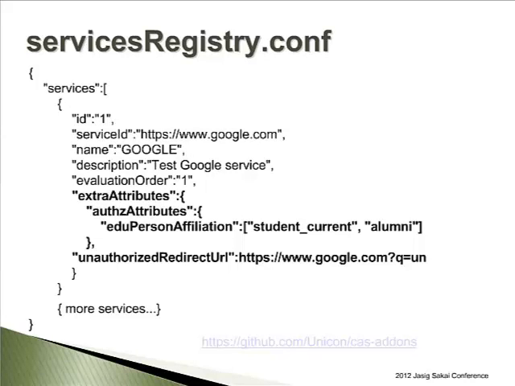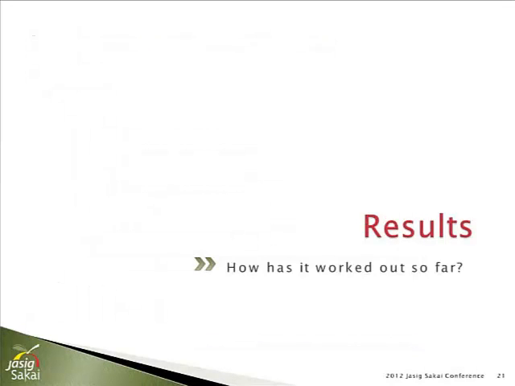If they have those affiliations, then the user would be passed back to the service just normally. Otherwise, they would be redirected to the unauthorized redirect URL. We thought that was a pretty easy and simple way to configure that authorization stuff. So with that, I will hand it back to Kevin.